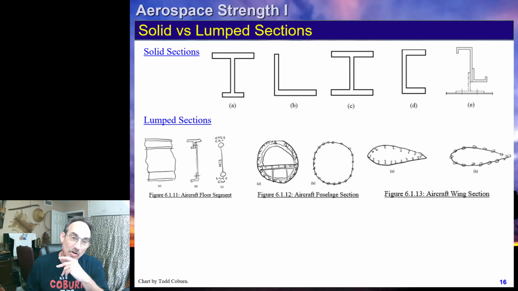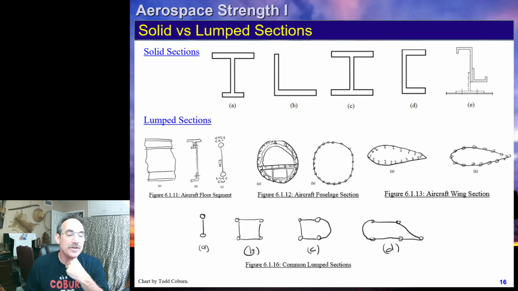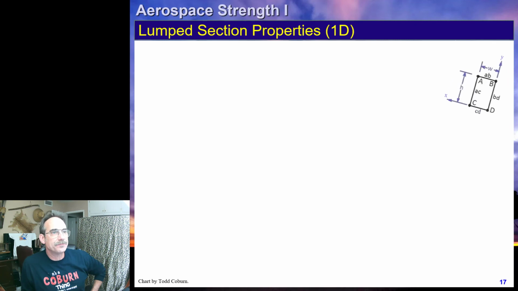Wing sections are also handled like this quite frequently, and here are some other typical kinds of sections we might run into, where these are no longer solid sections. When we're doing bending analysis, we will ignore the webs other than providing shear continuity, which we'll learn about later, and our normal loads are carried at these lumped areas.